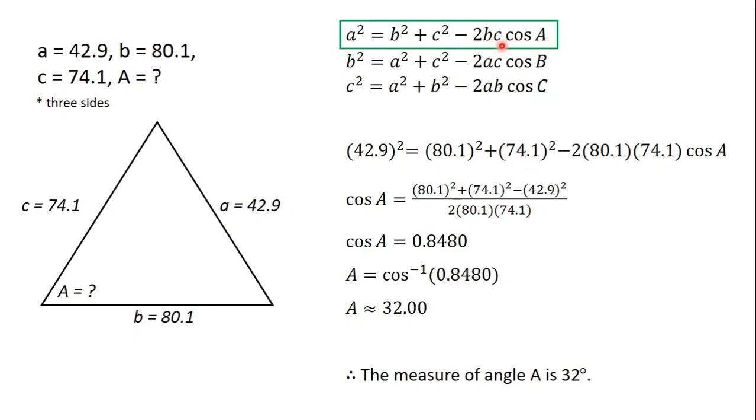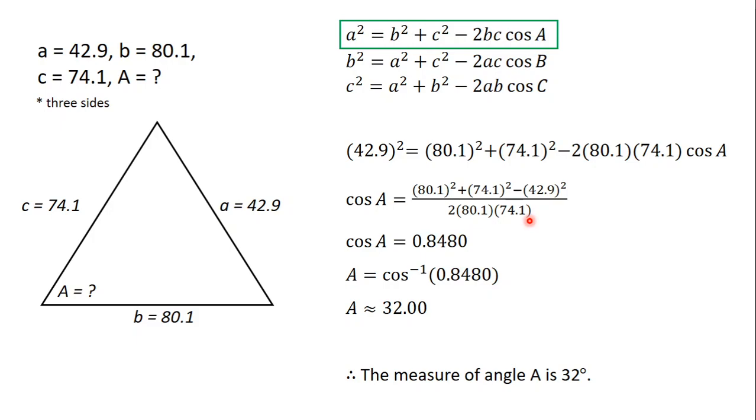By applying the addition property of equality and the multiplication property of equality, we get this equation: cosine A is equal to the square of 80.1 plus the square of 74.1 less the square of 42.9, all over 2 times 80.1 times 74.1.